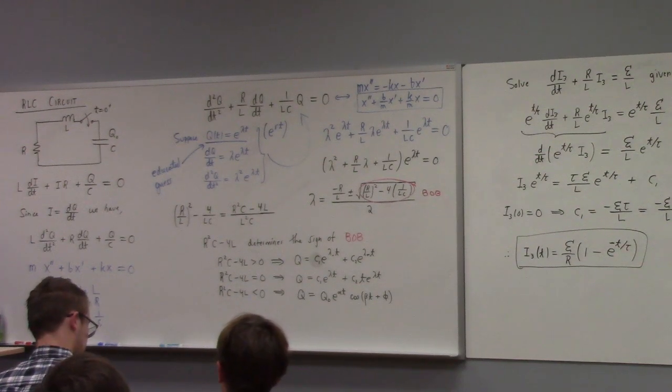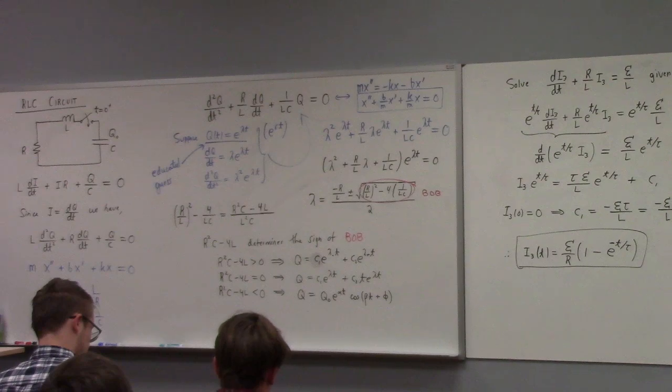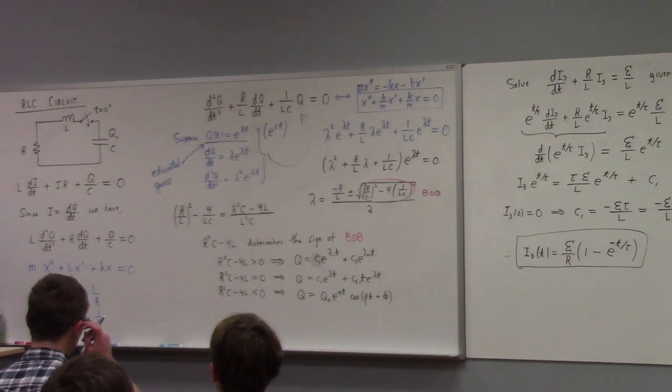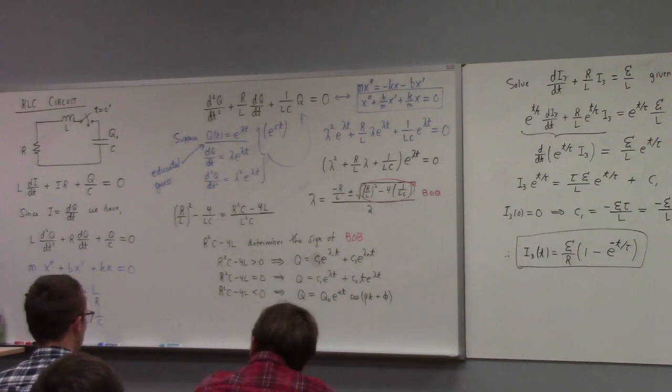To find the energy stored in the inductor, we'd have to look at 1/2 L i squared, right? And what we should see is that the energy in the capacitor and the energy in the inductor go to 0 after a long time because the resistor is always just eating up energy through power, basically. I squared R is the power developed in the resistor.